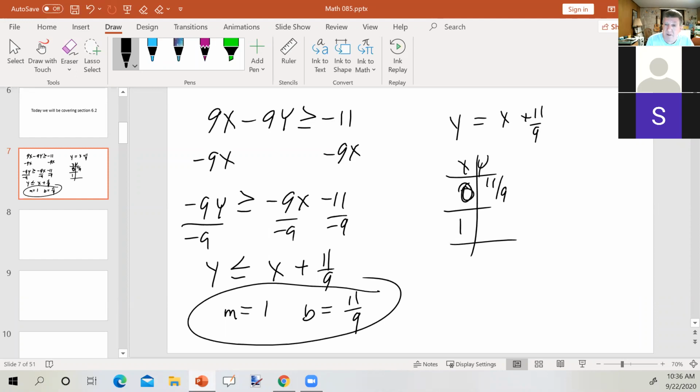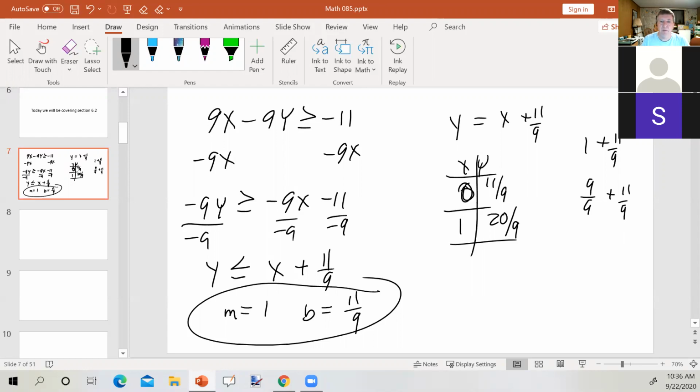Y would be 1 plus 11/9. 1 plus 11/9 is 9/9 plus 11/9, which is 20/9. So in this case, I ended up actually using 2 ordered pairs anyway. I started out finding the slope and all that, but my second point needs to be 1, 20/9. Before I go back to the WebAssign screen, are there any questions how I got that second ordered pair?